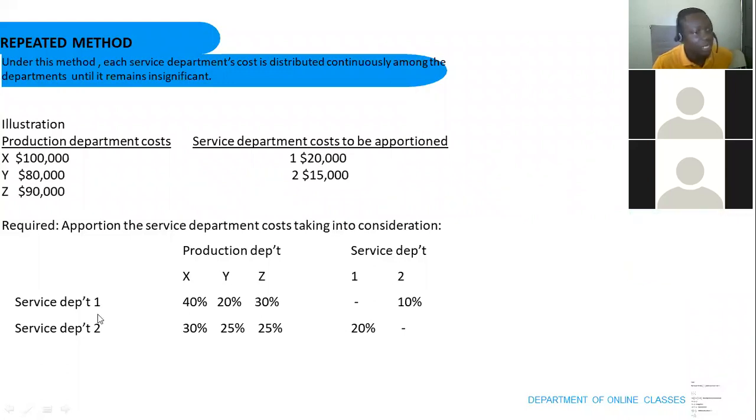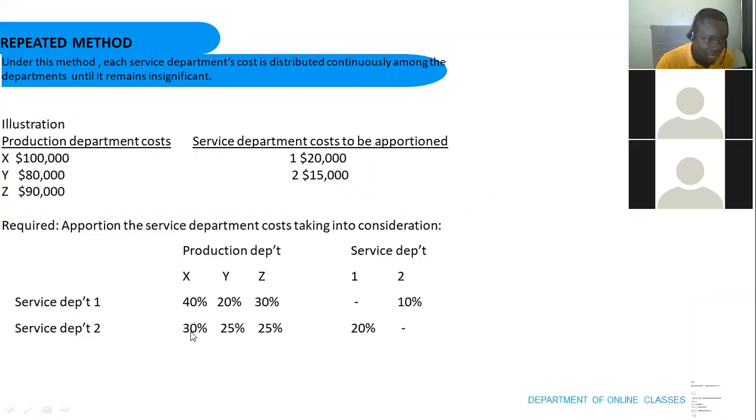Now, let's move on to the second one, service department 2. From the question, we realize that 15,000 has been incurred by service department 2. If you are asked to apportion, which the question is asking us to do, you go back to the question and look at the figures given.